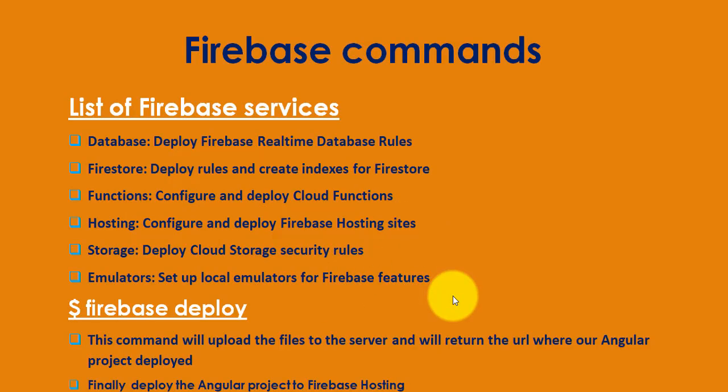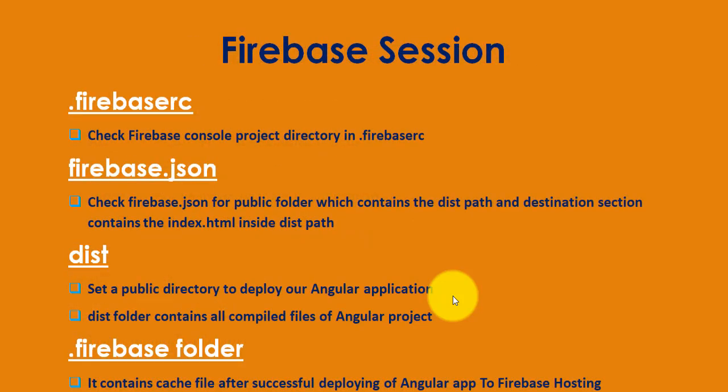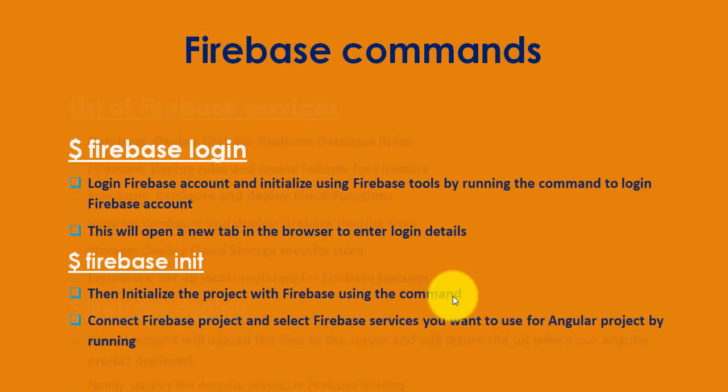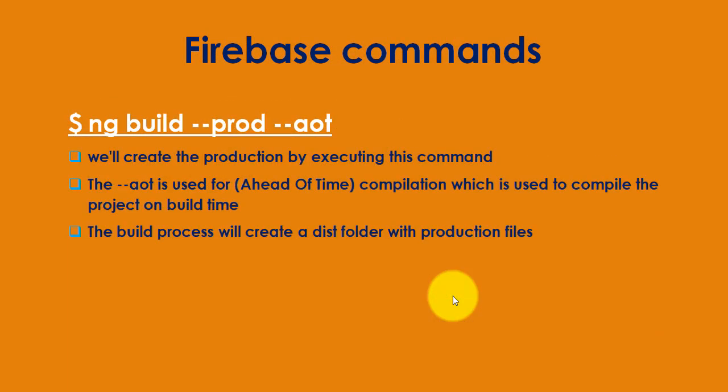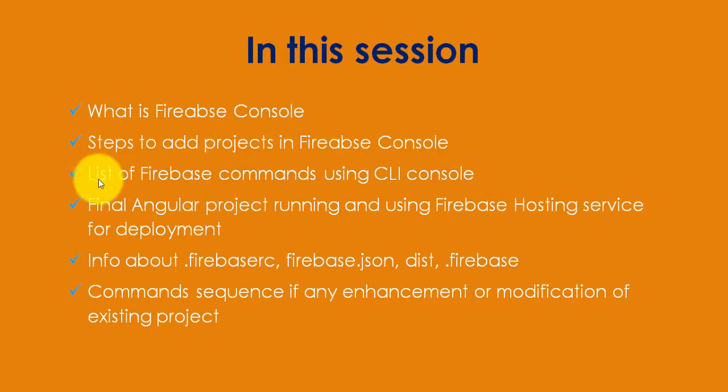So this is all about our Firebase commands. We have executed them to deploy our Angular application using the Firebase console. So I have completed this list of Firebase commands using the CLI console, and the final Angular project is running using Firebase hosting services for deployment.